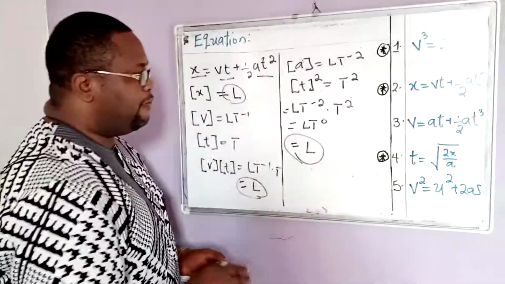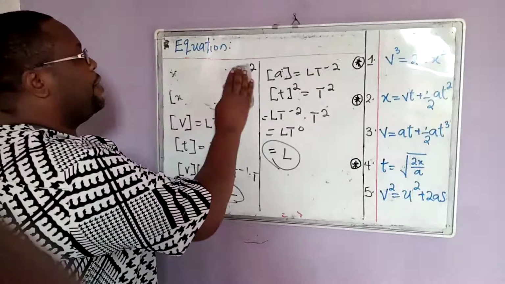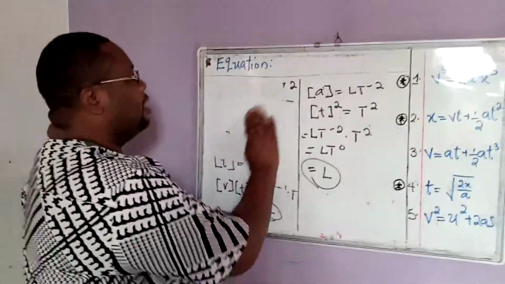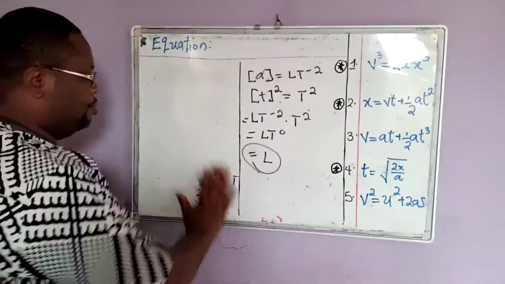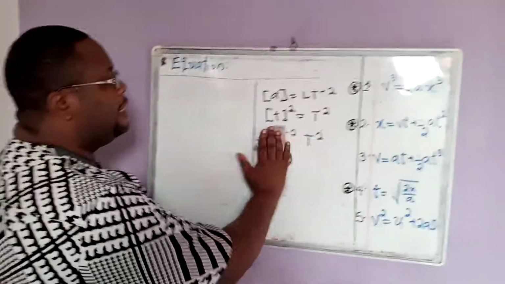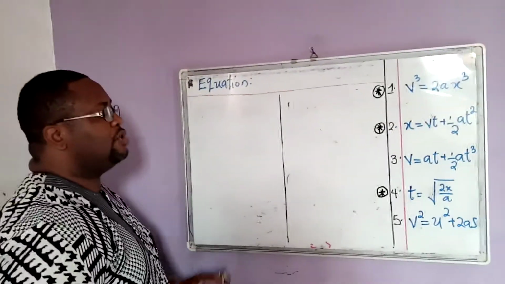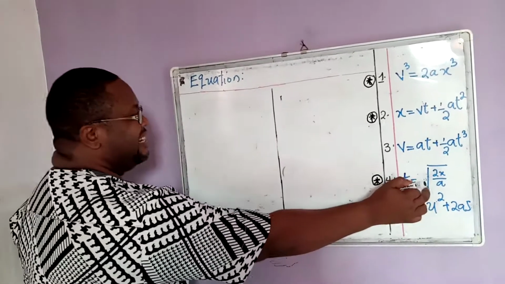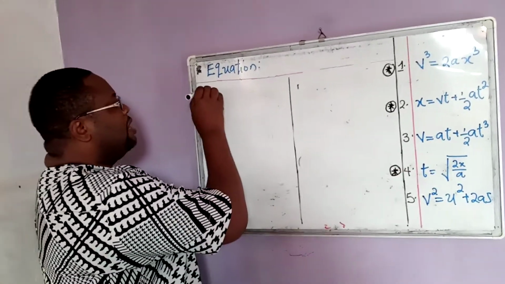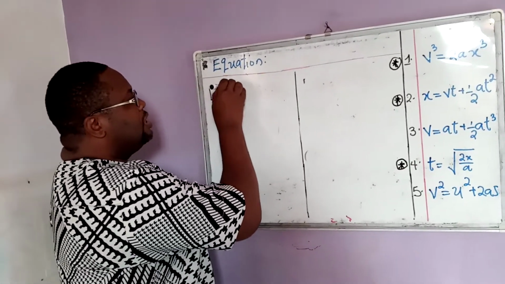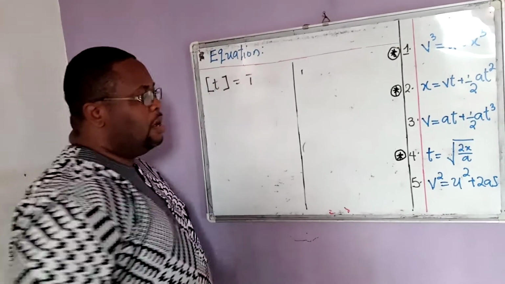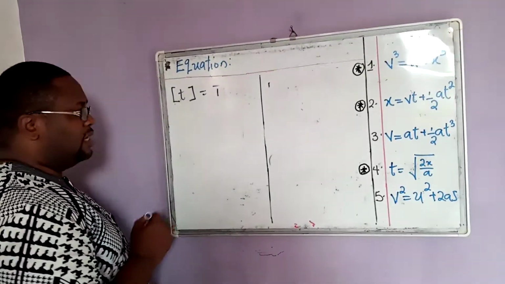So we pick up number 4, and then I will leave number 3 and number 5 for you to do. What exactly does number 4 say we should do? Number 4 says we should investigate the dimensional correctness of this equation. So we begin with the left hand side. The dimension for t is simply T. Now what happens on the right hand side?